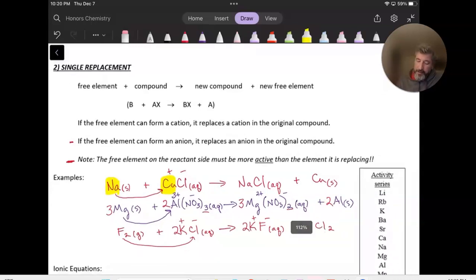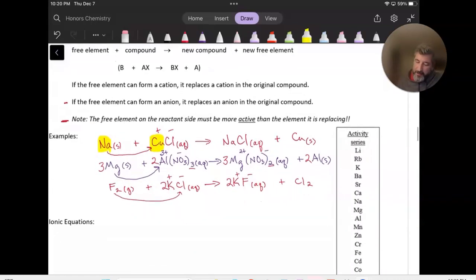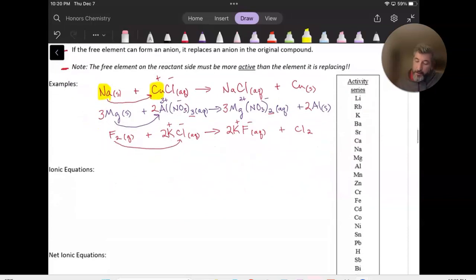And the thing that decides that is this activity series that you see on the right. So when a metal tries to replace another metal, we have to consult this little activity series, and you don't have to memorize this. You'll be provided this on tests and things. But what you want to ask yourself is, is the element that's by itself, so the sodium, higher on the list than the thing it's trying to replace, so the copper?